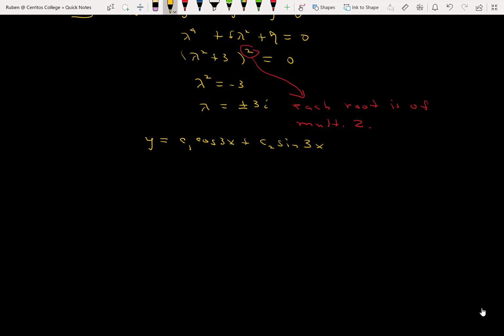But since each of the roots is of multiplicity 2, we use the idea that we had before, and we multiply each of the linearly independent solutions by x to get additional linearly independent solutions. So this is plus c3 x cosine 3x plus c4 x sine 3x.